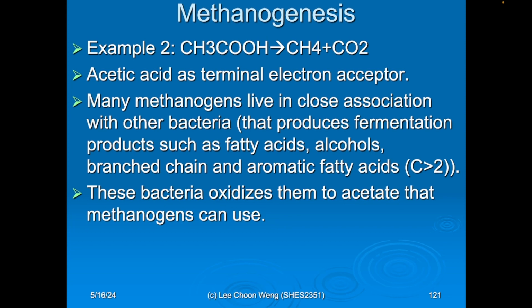Many methanogens live in close association with other bacteria that produce fermentation products such as fatty acids, alcohols, branch chain and aromatic fatty acids, where the amount of carbon is more than 2. A good example would be the rumen habitat, where methanogens thrive.